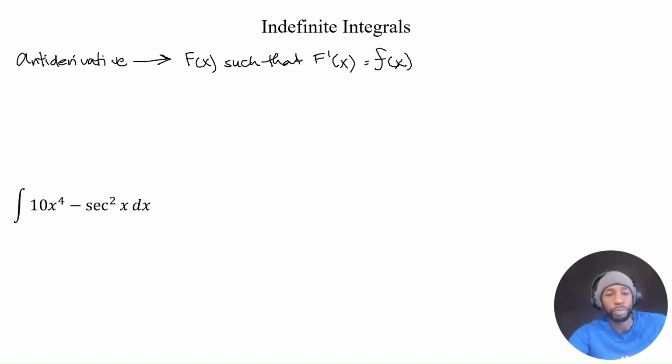So an antiderivative is a function such that if you take the derivative of it, it'll go back to your original function. In other words, the antiderivative is kind of like the reverse of a derivative.